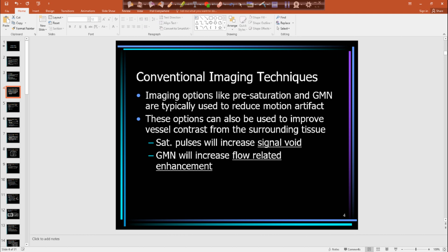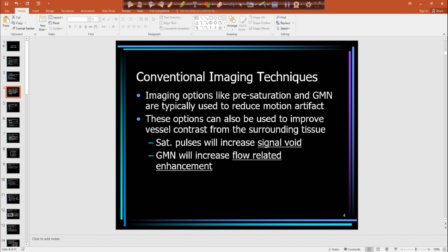So with conventional imaging techniques like MRI, where we're really doing the morphology, so we're looking at the vessels compared to the actual blood flow, we are going to be using imaging options like pre-saturation and gradient moment nulling. SAT pulses will increase signal void, meaning we won't get signal from that particular vessel.